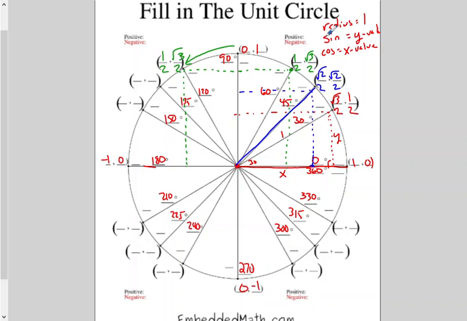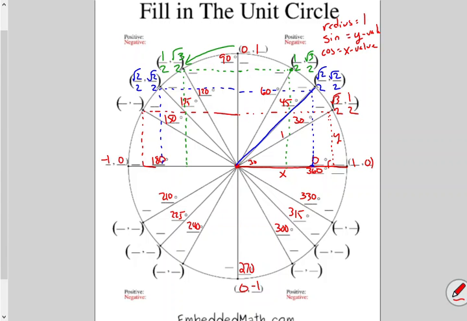So again, these pairs always match with each other. And as we continue here to the 135, we see that the height is the same, and this x value is the same. So root 2 over 2, root 2 over 2. And then here we have the last one, this point here.